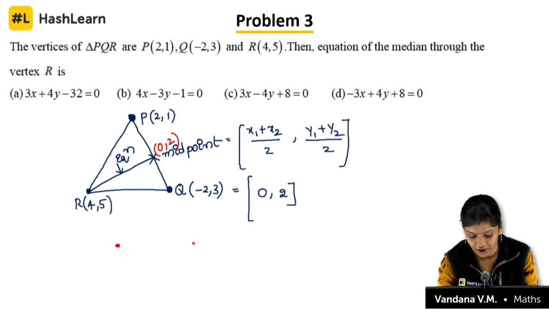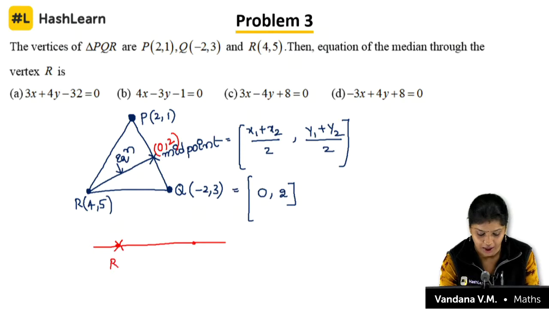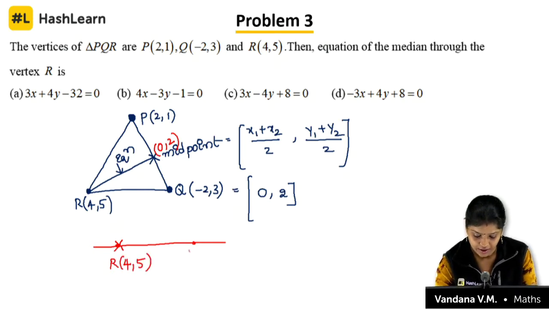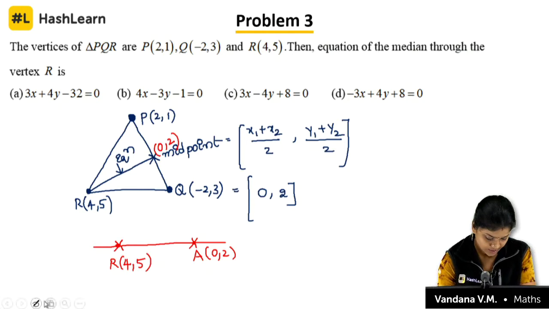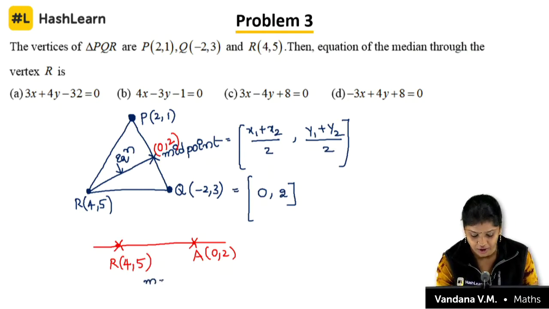Now I would like to find this equation. What is that equation doing? That equation is passing through R. R means 4, 5, and one more point. You name it as some A of 0, 2. I would like to find the equation. It is passing through 2 points, so it is easy to find the slope. How will you find the slope here?